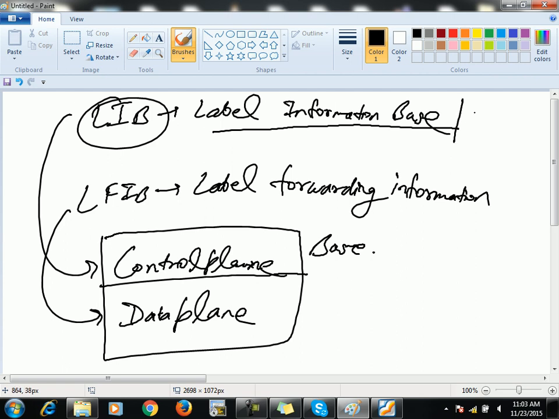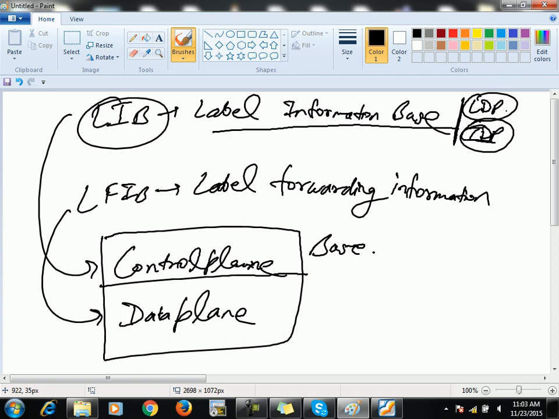For that purpose, there are two protocols in MPLS: one is called LDP, another one is called TDP. TDP is now obsolete technology. It's a legacy technology and it was Cisco proprietary. TDP is tag distribution protocol, whereas LDP is label distribution protocol.